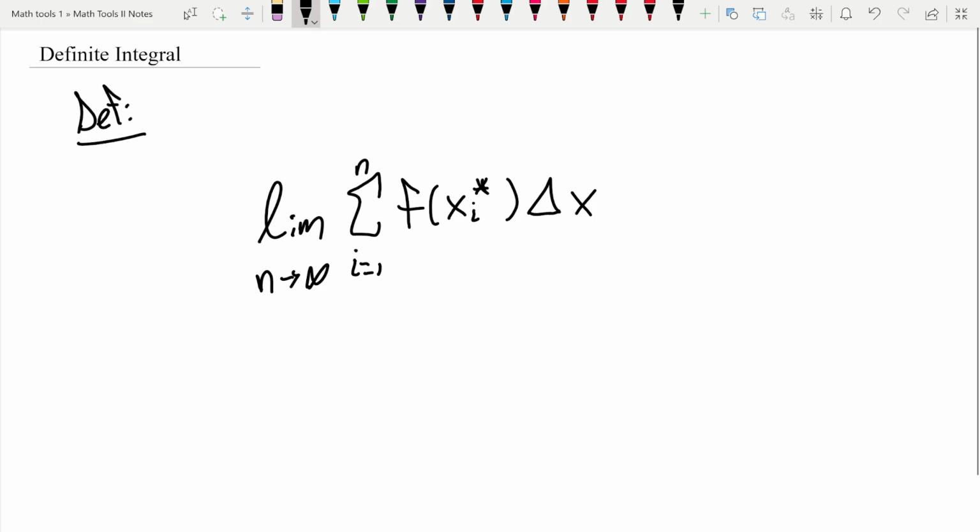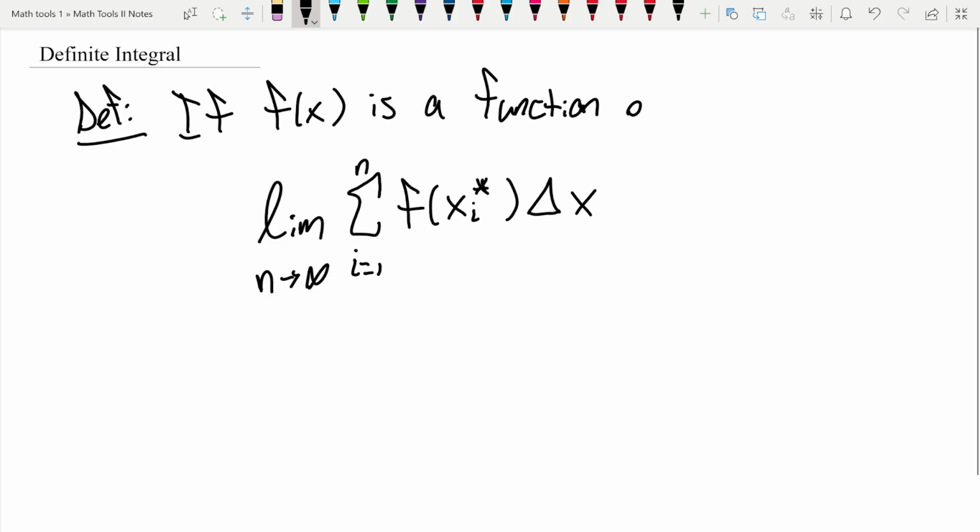But let's just write the definition first for the definite integral. So if f of x is a function, and remember last time we said that it had to be a continuous non-negative function, so here we're dropping that. So it is a function on [a, b].